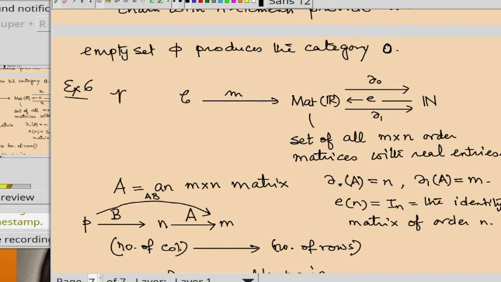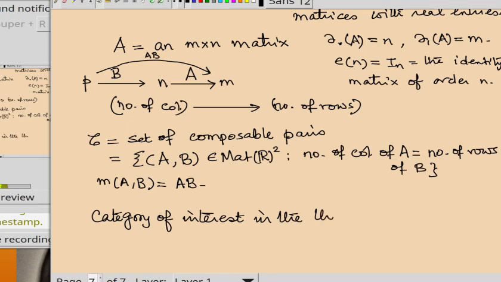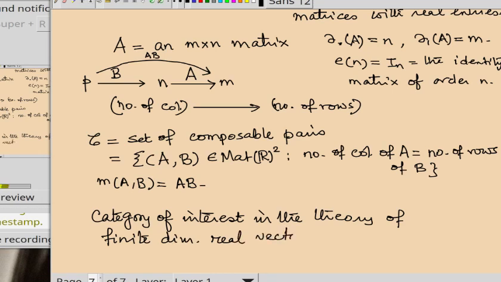So this gives us another category. And in fact, this category is precisely the category of interest in the theory of finite dimensional vector spaces. Okay. All right.